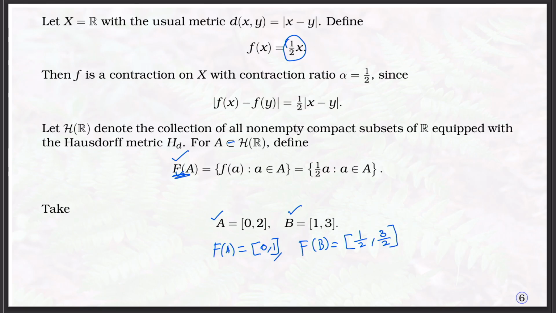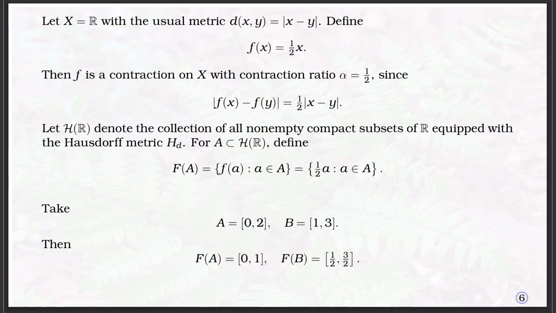So under this mapping f, now f is the mapping from H of R to H of R, the image of this set is given by [0, 1] and [1 by 2, 3 by 2].